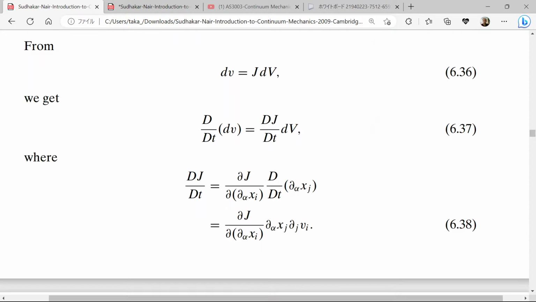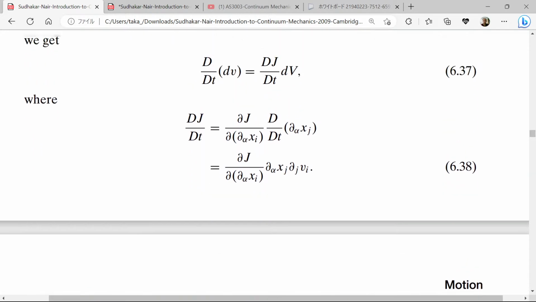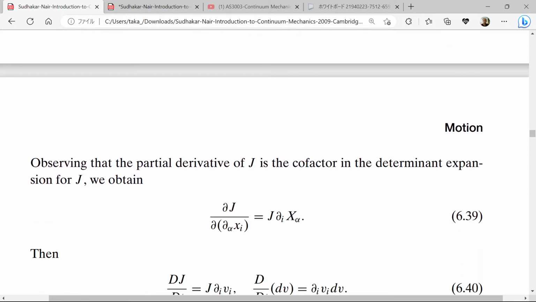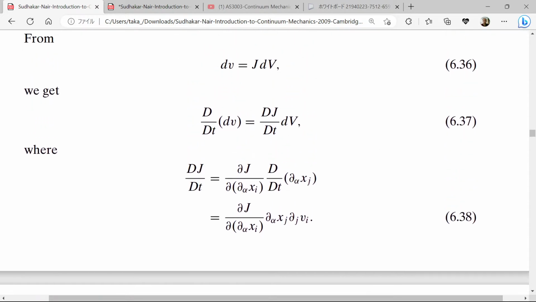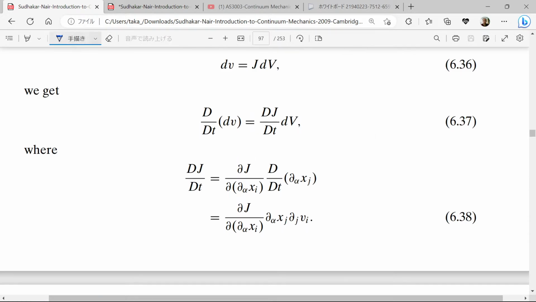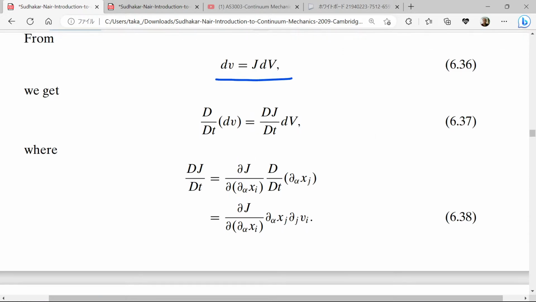So you can see we have worked out this one. This is what we have to follow again. So this one I don't derive again. We just accept. dV is j dV.